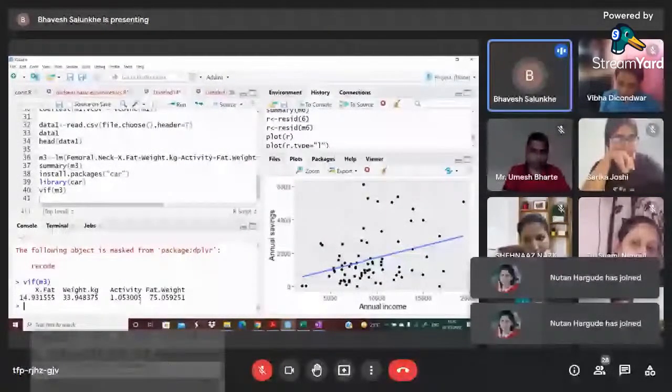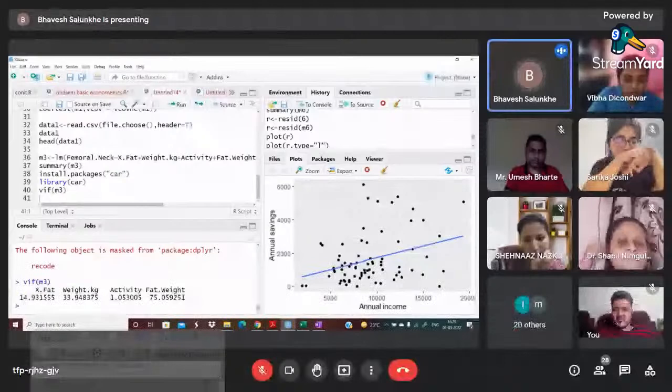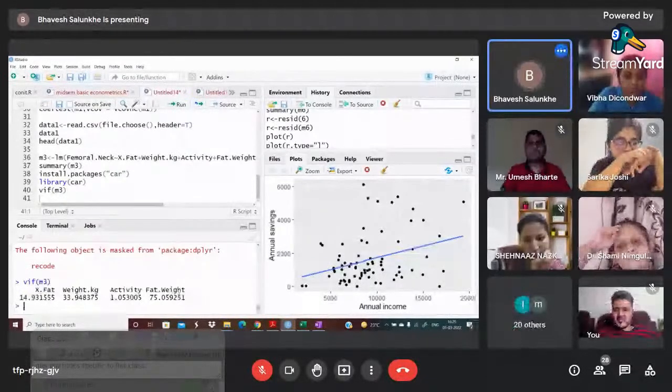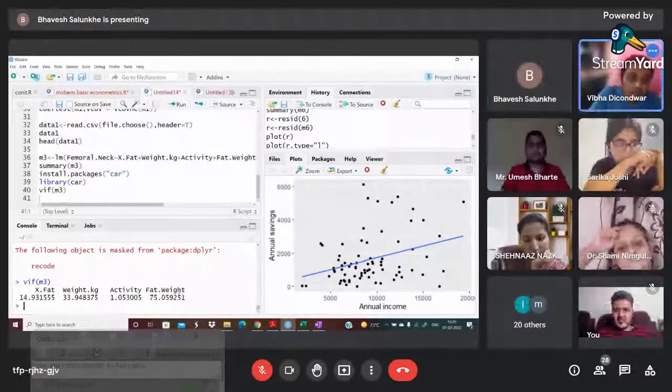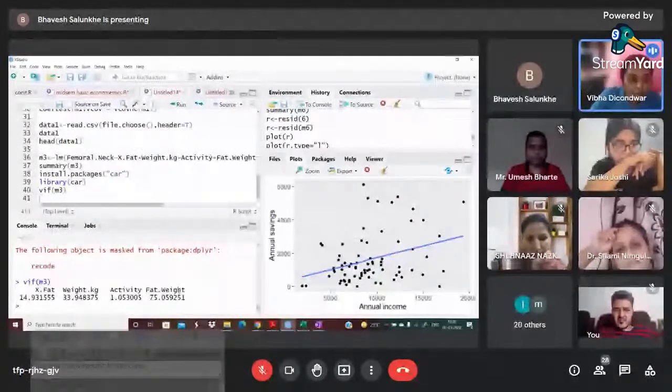So you are actually performing regression using independent variables. You are not using the dependent variable. Please remember that. So fat is regressed on the remaining variables, weight is regressed on the remaining variables, and you calculate R square. Activity is regressed on the remaining variables.